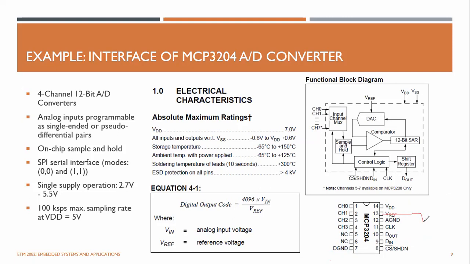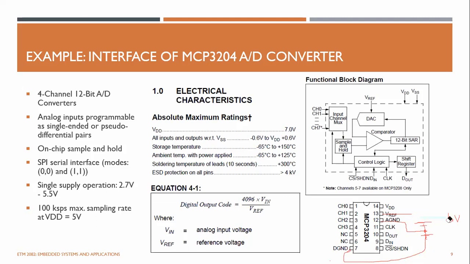And if you use an external supply like a battery supply, let's say you provide a battery supply, that is connected to this ground. So at one point you have to combine this analog ground and digital ground, right? Otherwise it won't work.